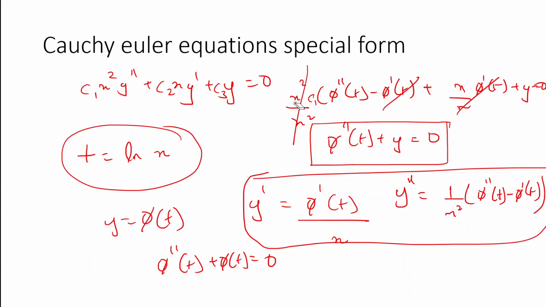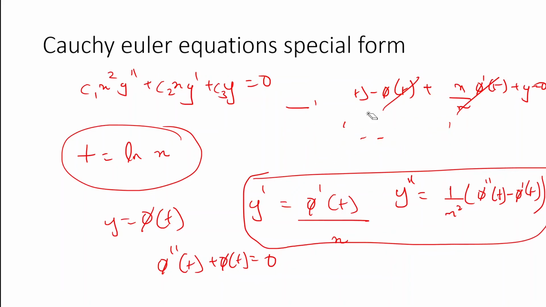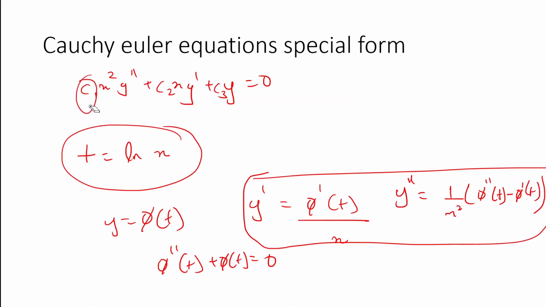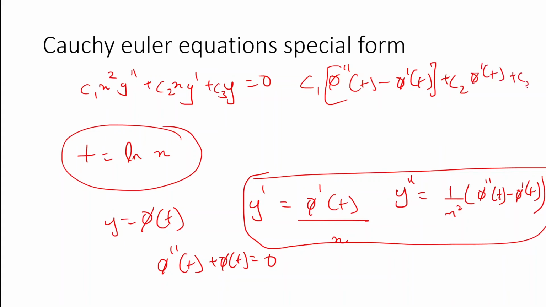Let me write it that way because it's more general. I don't want to write a special solution. So let's assume that there are some constants C1, C2, C3 here. Then our solution will be C1 phi double prime t, wait a minute, phi double prime t minus phi prime t plus C2 phi prime t plus C3 phi t is equal to 0.